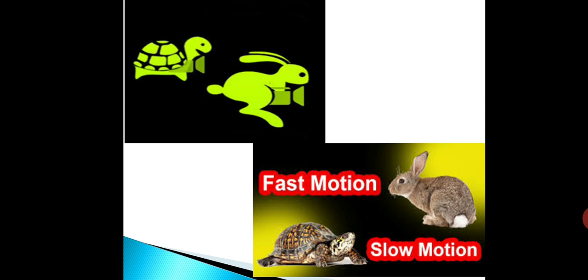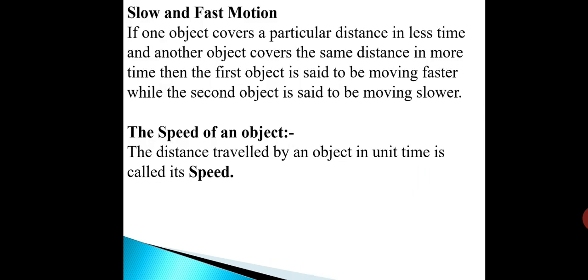So from this picture you can make out the motions are of different types, whether it is curvilinear, circular, rectilinear, periodic, oscillatory, but there are two more types, that is slow and fast, right? Now what is this slow and fast motion?